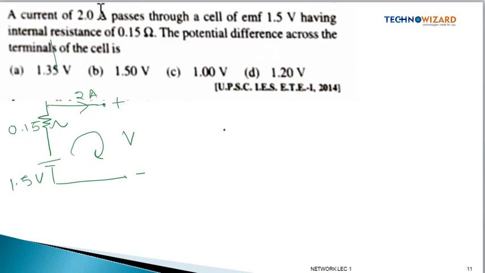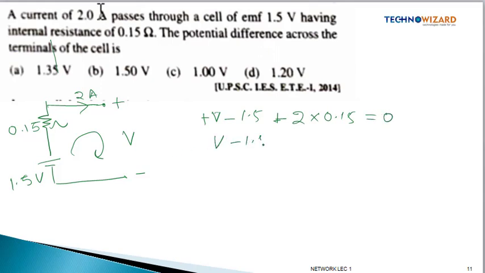So we'll simply apply KVL in this loop, right? Starting from here, plus V minus 1.5 plus 2 into 0.15 is equal to 0.